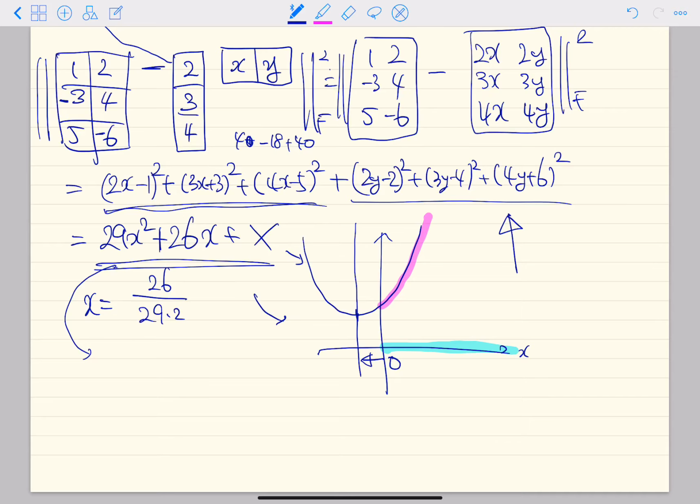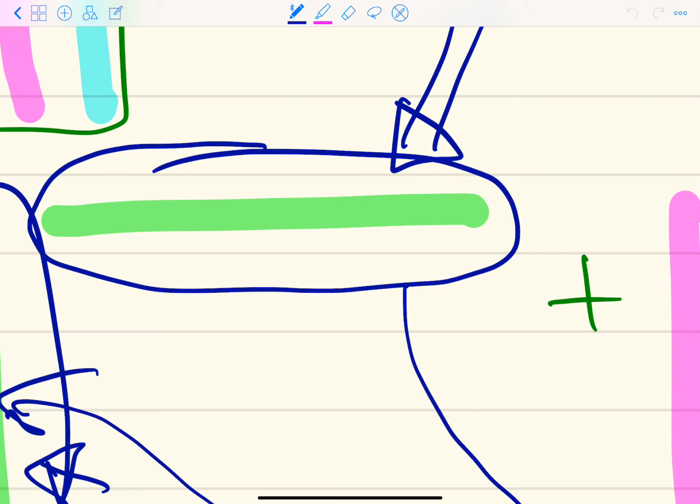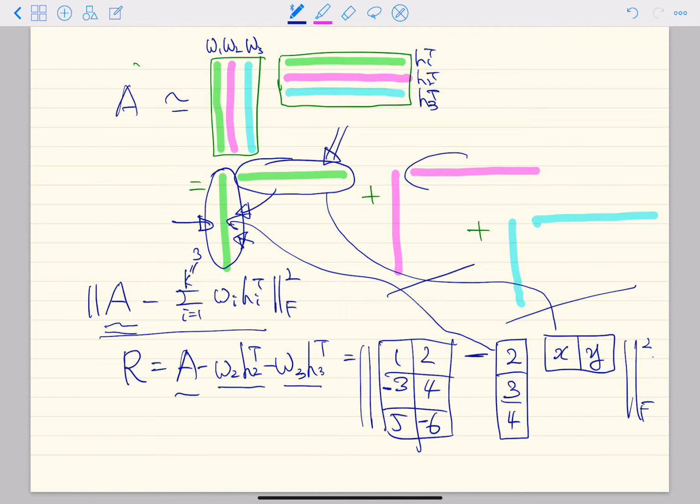Once obtaining these values corresponding to this green part, the horizontal row vectors, we can use that to update this part as well. Now let's move to this guy, and we subtract this part and that part from the original A, and that's how we form this R. Using this fixed column vector, we can update that pink row vector as well, right?